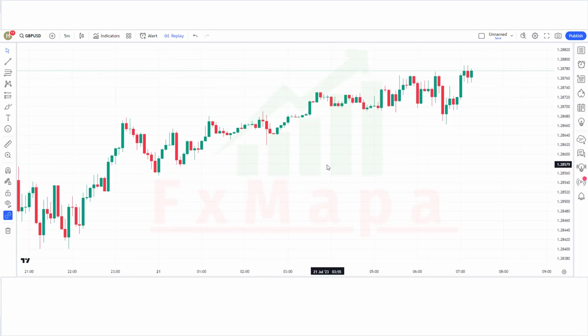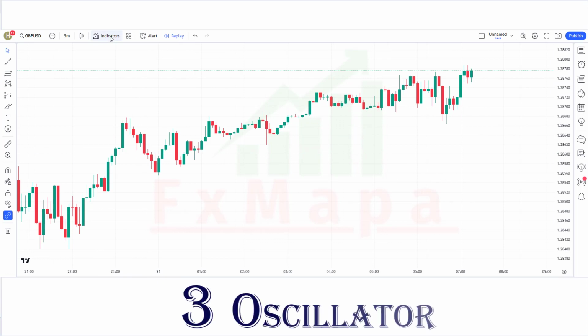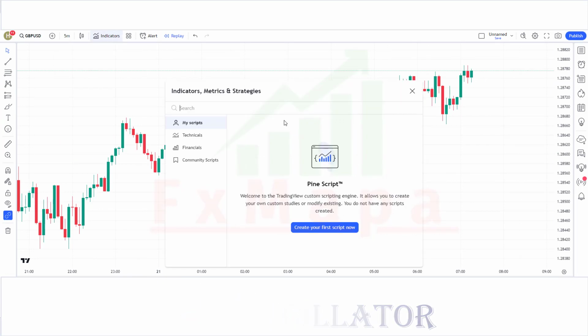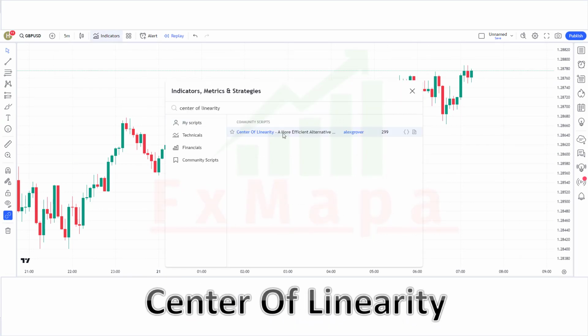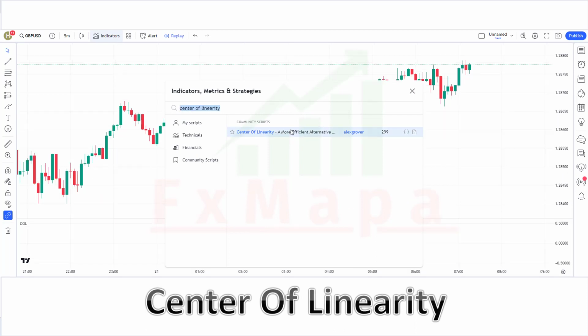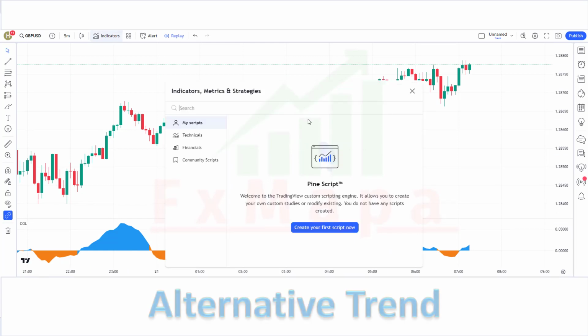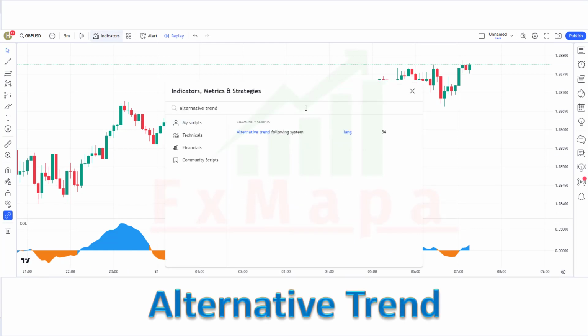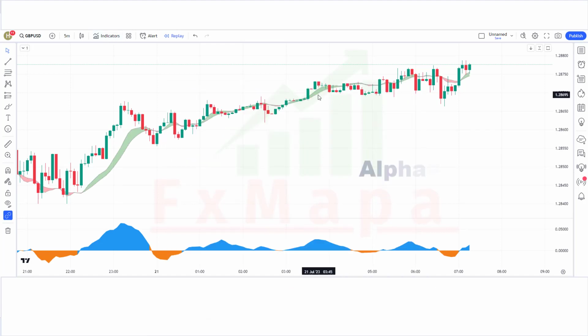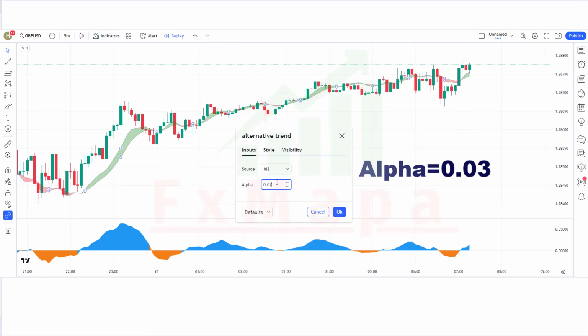So let's get started. In this setup we would require 3 oscillators. First indicator name is center of linearity. Second indicator name is alternative trend. Keep the indicator settings as I have shown here.